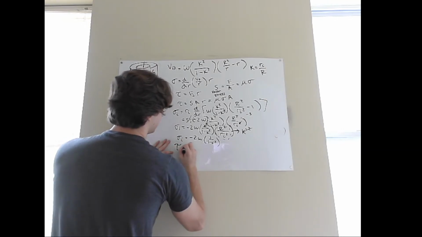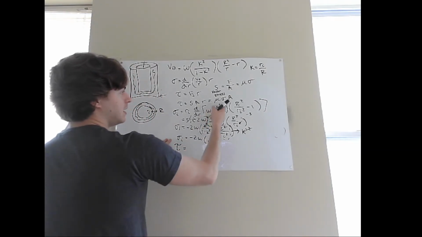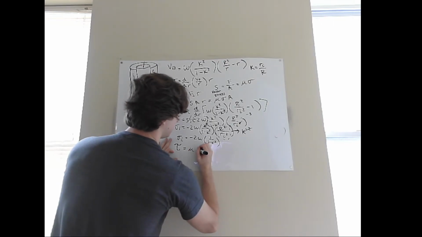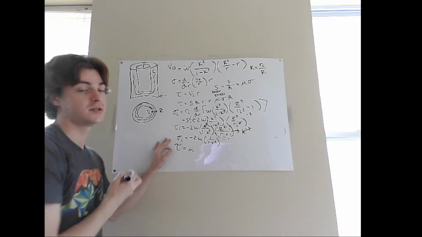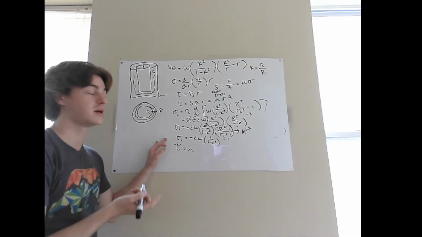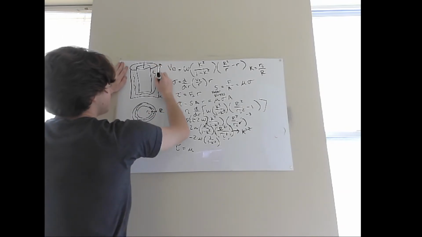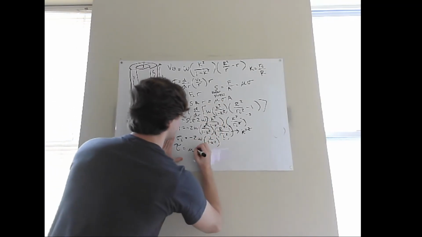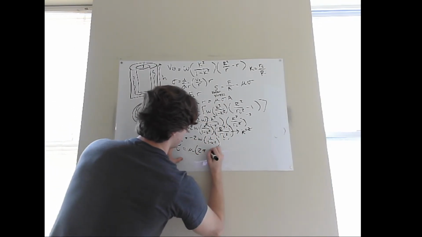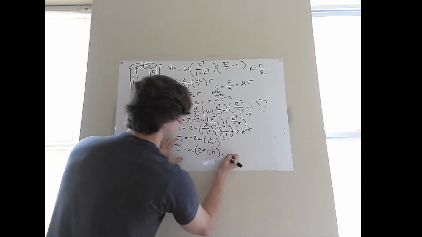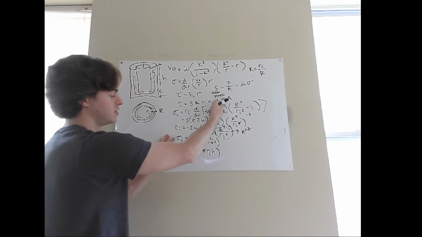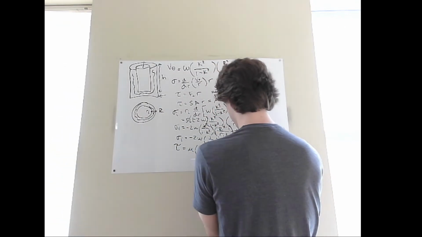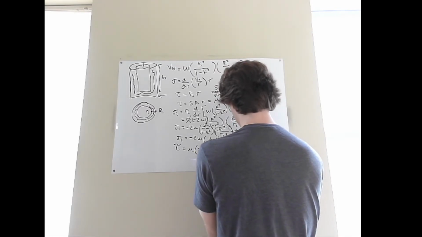So what that's going to look like is we're still going to have viscosity times area, which in this case, the area is just going to be 2 pi r times the height. And so the height will be defined as the height of these cylinders. I'll just call that h. So we have the viscosity times our area, which is 2 pi times the inner radius times h. And then we have our shear rate. So that is going to be negative 2 omega times 1 over 1 minus k squared.